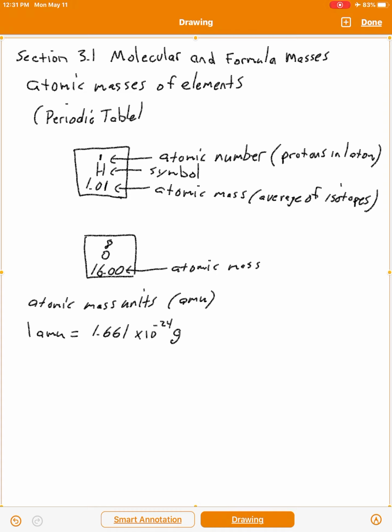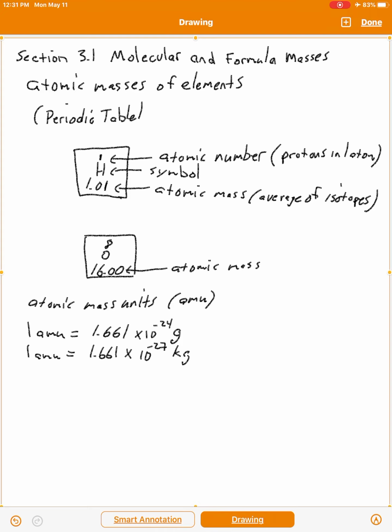A typical pencil weighs about 2 grams, so that's a really small mass. Sometimes it's in kilograms, so 1 AMU would also be 1.661 times 10 to the minus 27 kilograms. So those are the quantities that we're talking about.